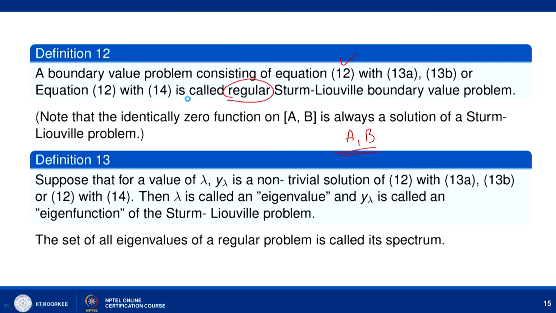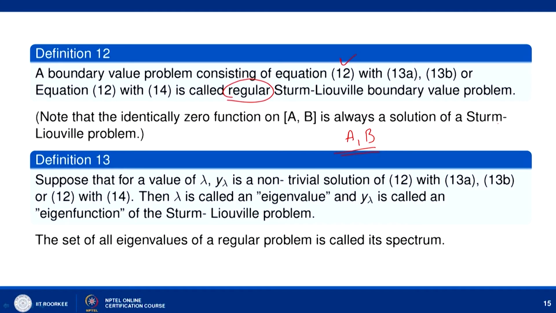We already know that since it is a homogeneous equation, the trivial solution always exists. It means that the zero function on [a, b] is always a solution of the Sturm-Liouville problem, and we say that this is a trivial solution of this boundary value problem. But we are more interested in finding a non-trivial solution.